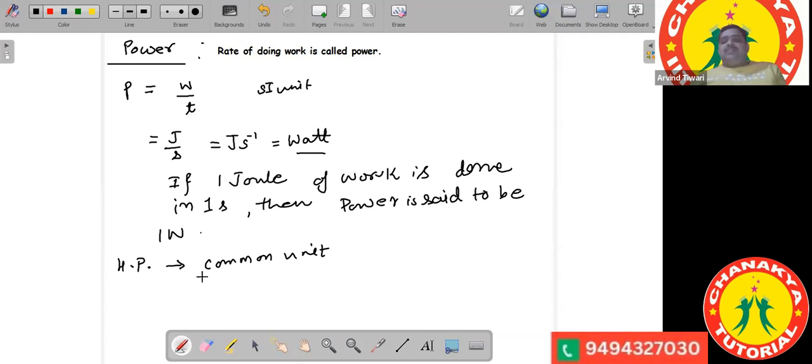In a similar way, horsepower is another commonly used unit. You might have heard many people saying that the engine of the car has this much HP. HP means horsepower. In the olden times, a horse was considered to be very powerful, so horsepower was used to measure the power.